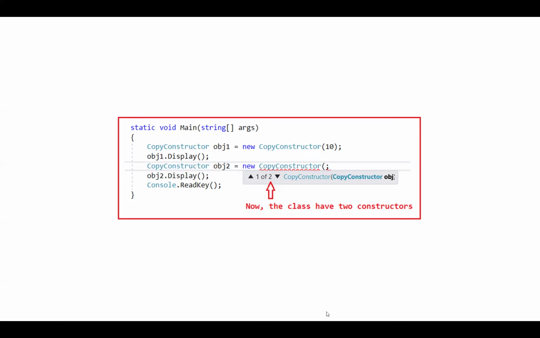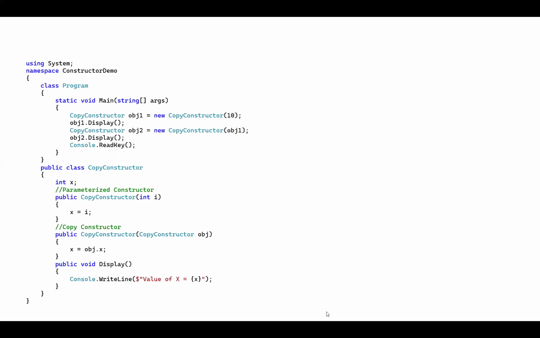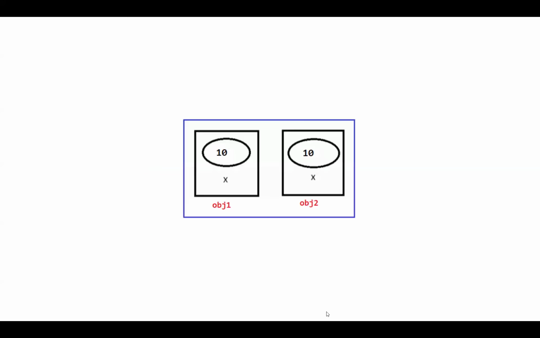So you can include one class into another class, one constructor into another constructor. As a result, you can get the following. If you run the application, you see both instances. So now in memory, we have two separate objects with the same value.